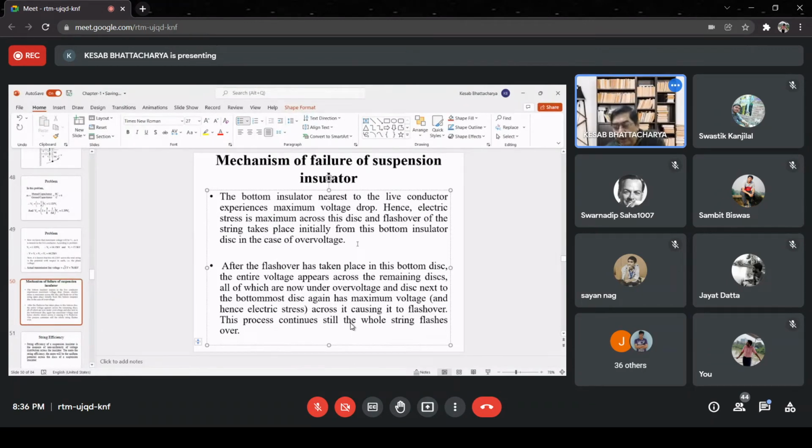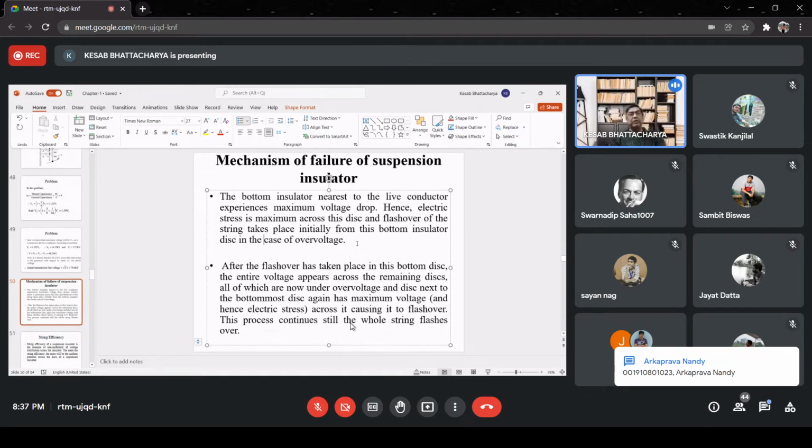And when complete flashover takes place across that particular disk, the entire live potential is then transmitted to the next disk, and that disk is subjected to overvoltage, and flashover occurs across the second disk from the bottom.